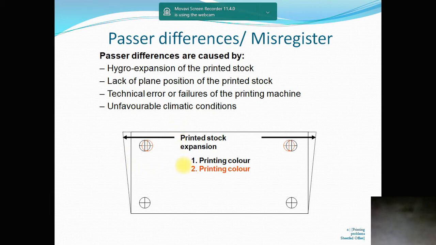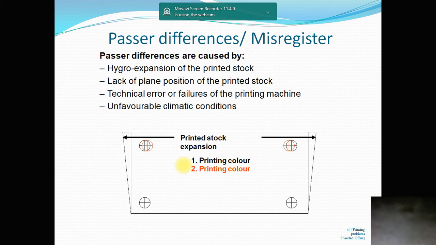High growth expansion of the printed stock. We never think about the expansion of paper or printed stock. Printed stock in the sense, the substrate. You might know that for a color print, one sheet must be printed at least 4 times to get a color copy: first with cyan, magenta, yellow and black. With these 4 colors, if you print on a single stock or single substrate, then only we get a color image.